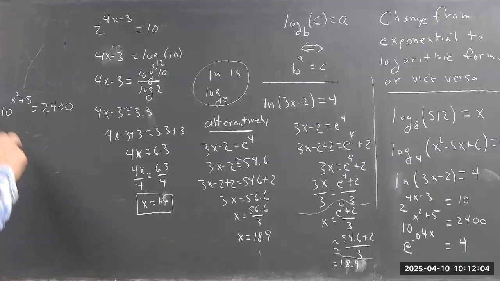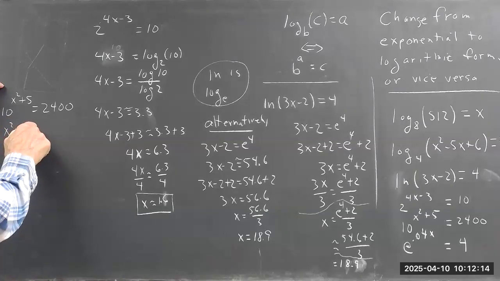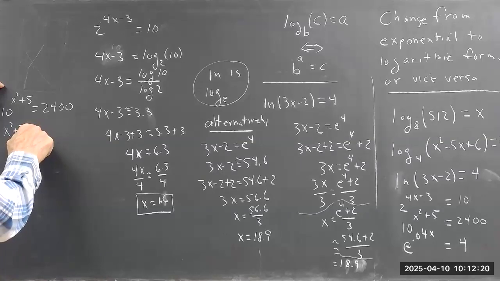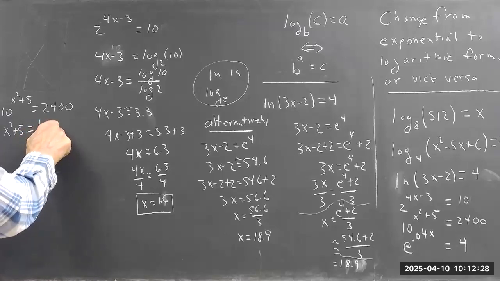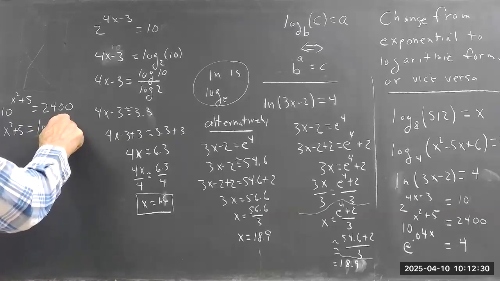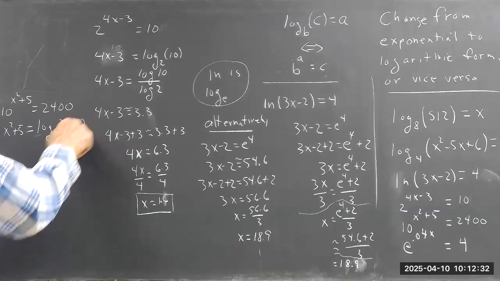This rearranges, just using what you know, to x squared plus 5 equals log base 10 of 2,400.